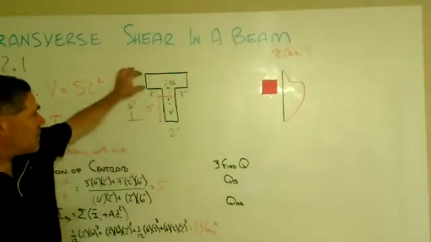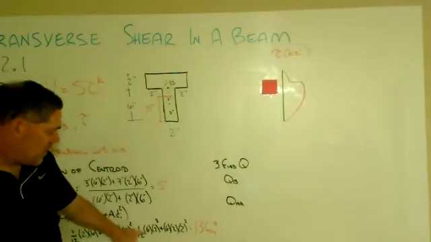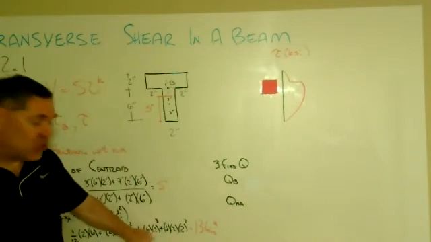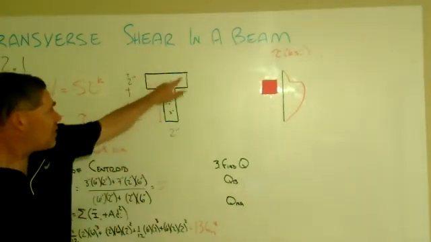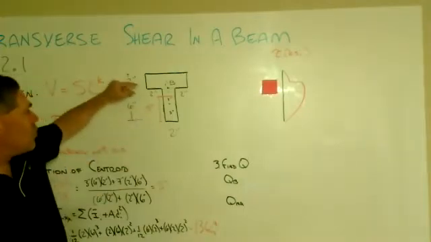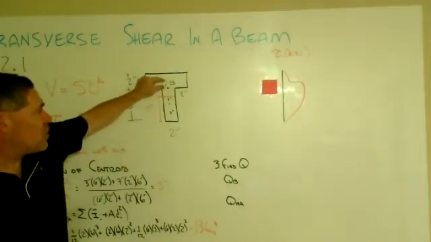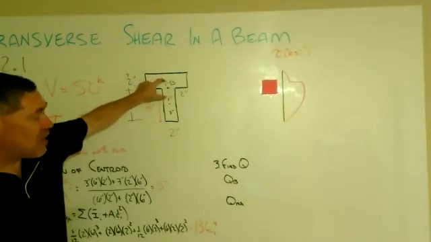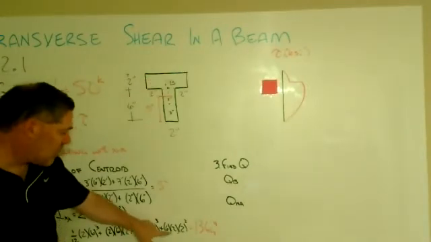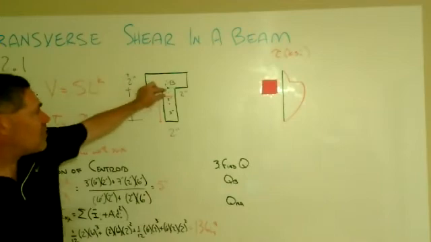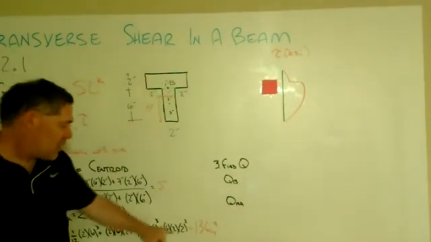Same thing for the top piece: 1/12 the base times the height cubed, plus the area of that piece times its movement, which is 1 inch up to this bottom piece, and then 1 inch up into the piece itself. So that's where the 2 inches comes from. Not directly this 2, but rather a 1 and a 1 to get us that 2.